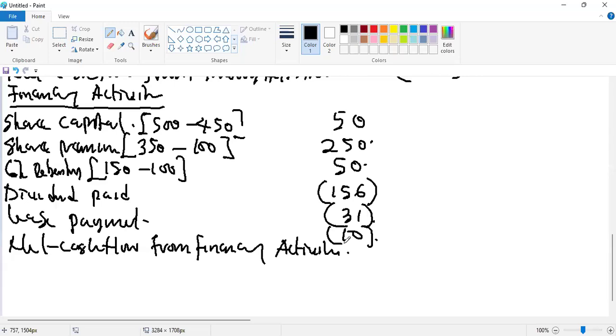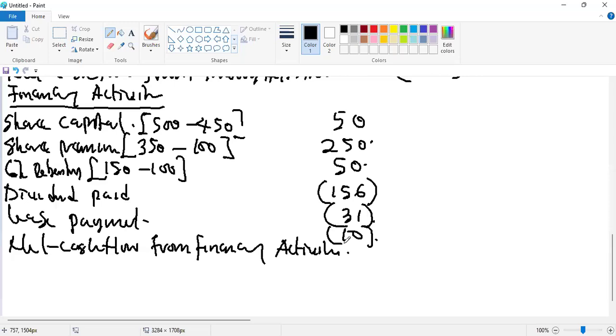I don't understand your last point about the finance cost. This negative 10, is it finance cost or payment?